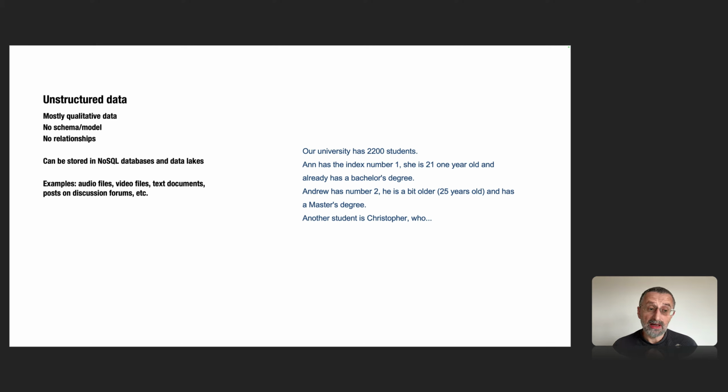The examples are audio files, video files, text documents, posts on discussion forums, system files, sensor data, etc. We can store them in not only SQL databases or data lakes. So, 3 different types of data: structured, semi-structured, and unstructured.